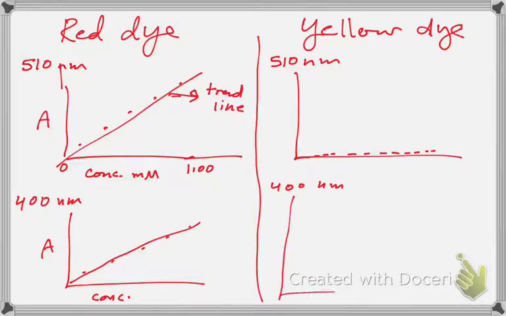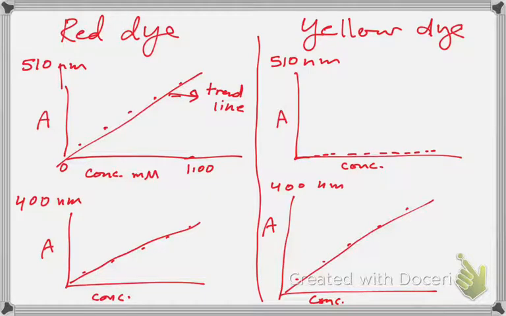And then you will have the other one, again absorbance and concentration, with high absorbance and a slope almost equal to 1 for the yellow. So you're going to get 4 practical standard curves for your work after you are done.